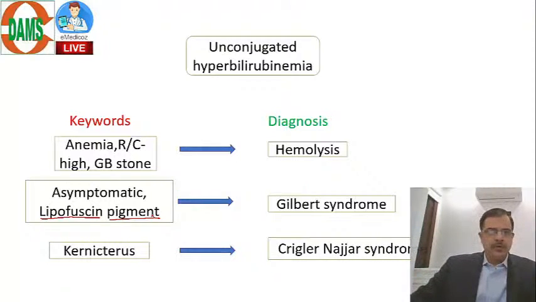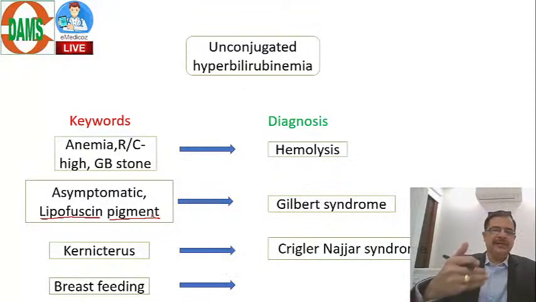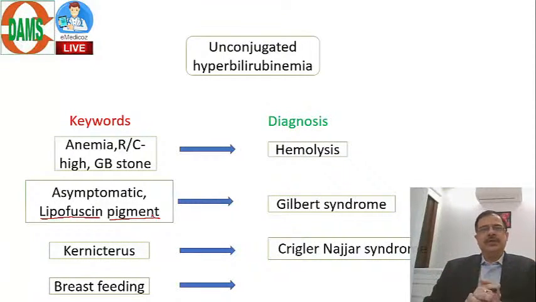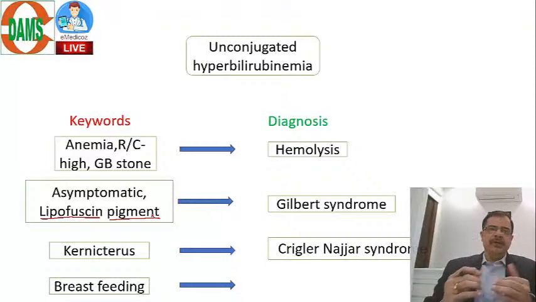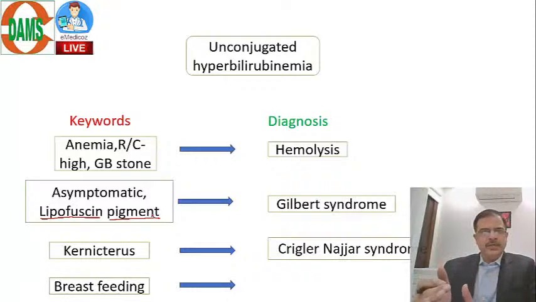Now moving on to the next one. If breastfeeding is given, then it could be breastfeeding induced unconjugated high bilirubin. Sometimes the neonate has a low level of UGT enzyme, UDP glucuronosyl transferase, that helps in the conversion of unconjugated bilirubin to conjugated bilirubin.